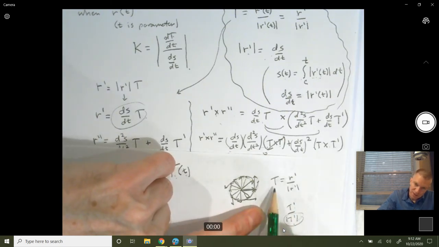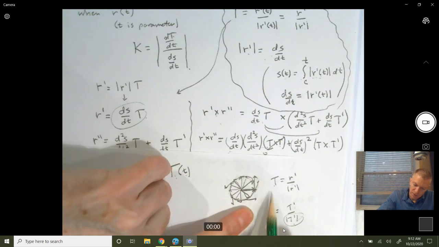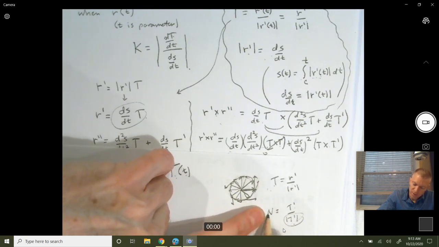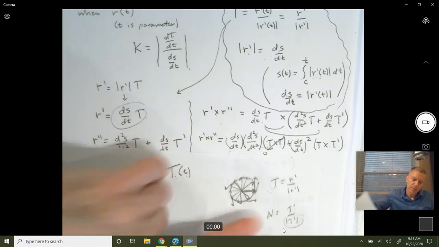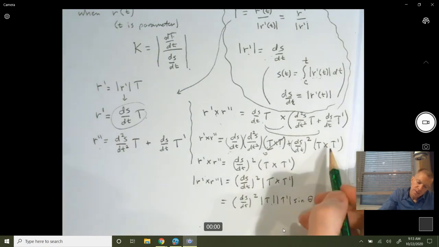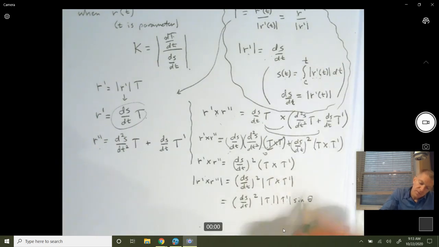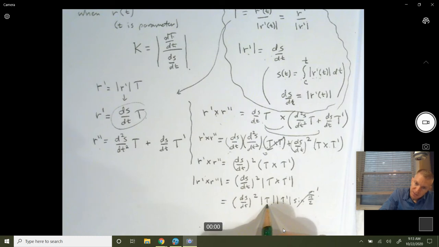And you know the tangent and the normal are always perpendicular to each other. And the normal is the same direction as t prime. So t and t prime are also perpendicular. So this thing, sine of 90 degrees or pi over 2, is just 1. The magnitude of t is a unit vector, so that's just 1.